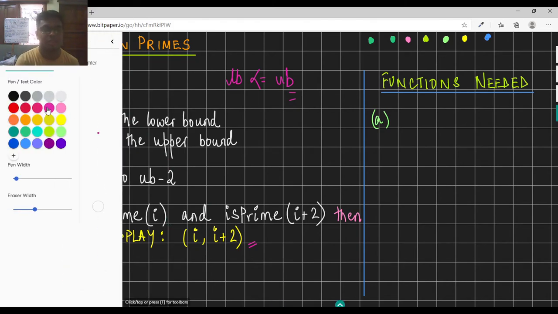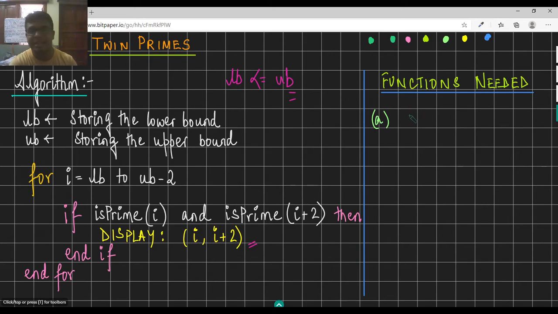The function that we will be needing to complete our program is boolean isPrime, and this function is going to take in a number. And this loop, we may write it in the main method, right? So I hope you understood the algorithm that we discussed here for the generation of twin primes.